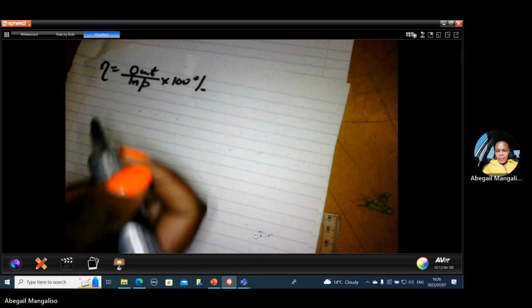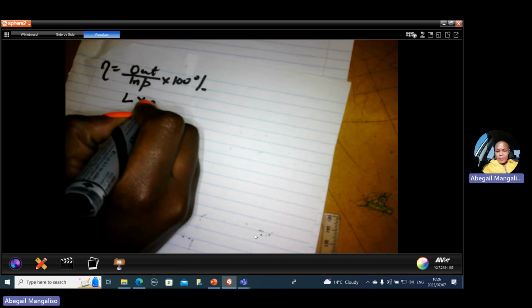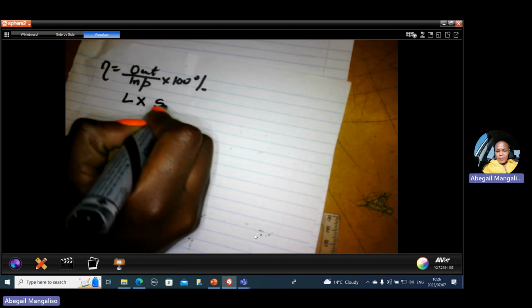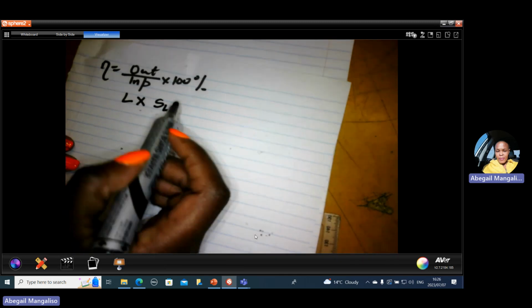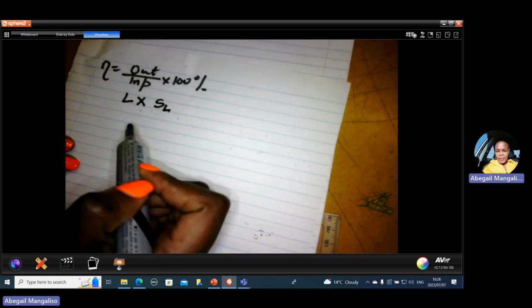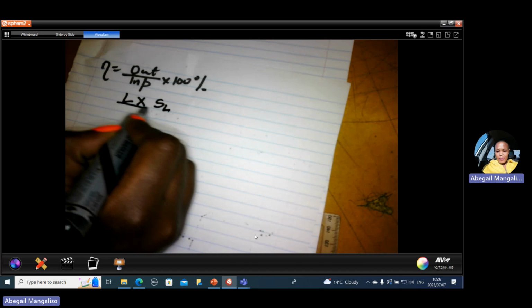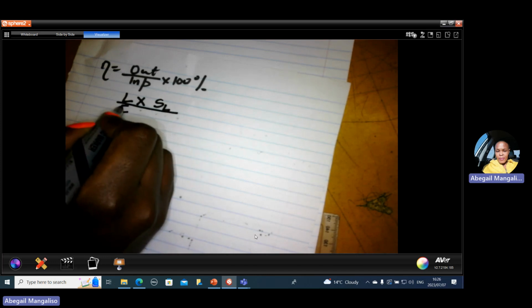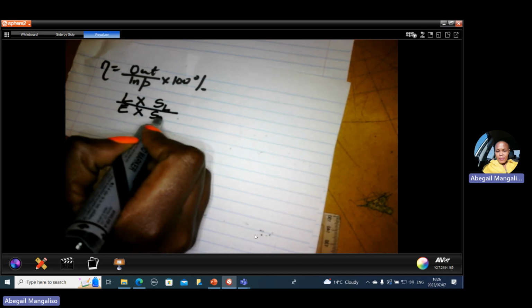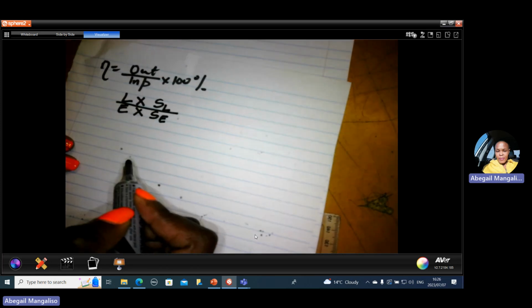Efficiency is output over the input. So the output is the load, L for load, force times distance, work done. So it will be times, let me use S for the distance, S_L for the load distance, divided by the effort multiplied by the distance of the effort, S_E.